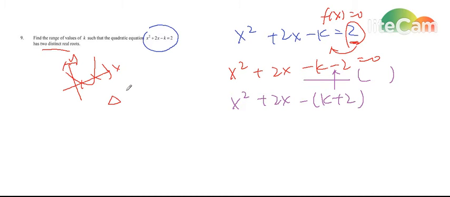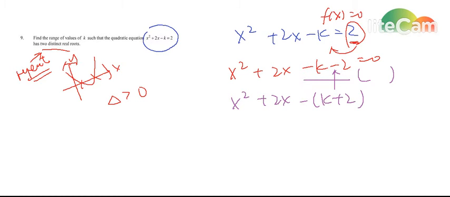The question shows us there are two distinct real roots, so the delta is just larger than 0, not equal. Because when we have the equal sign, it means they will have the repeated root. But for the questions, we have no repeated roots.